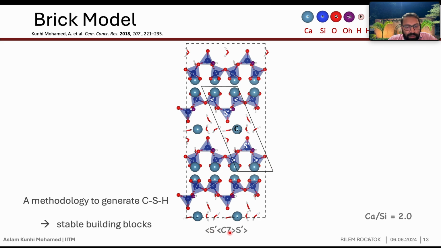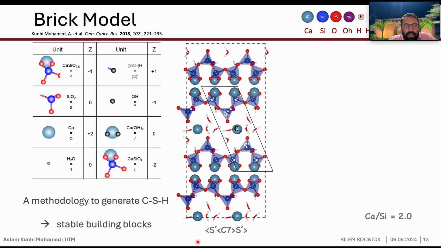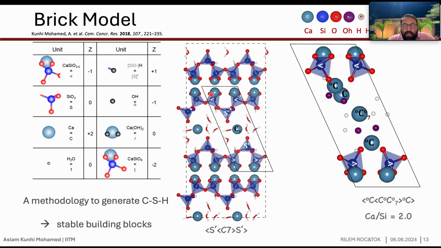Using a notation, a string of characters like this, where individual characters represent certain chemical units within a brick, we call this a brick. With a code, we can generate different types of defects and assign different positions for these defects in one brick.